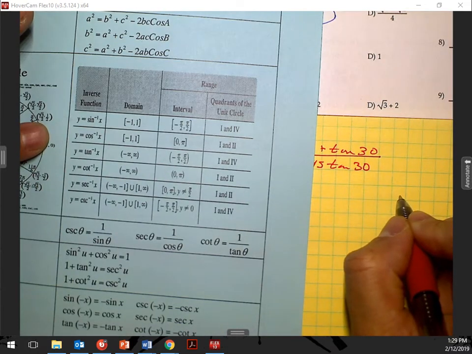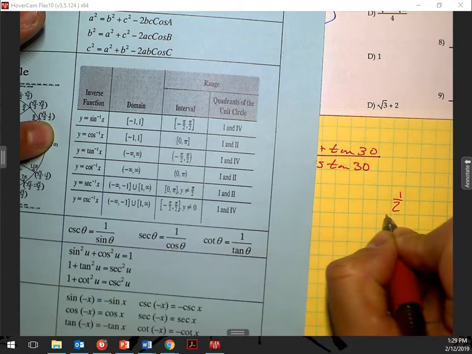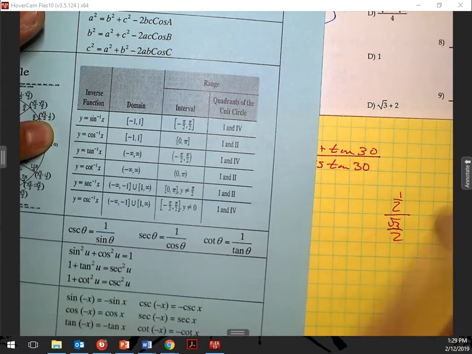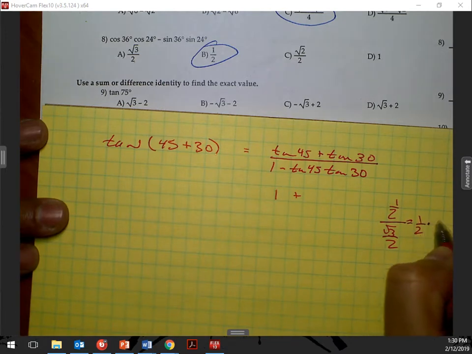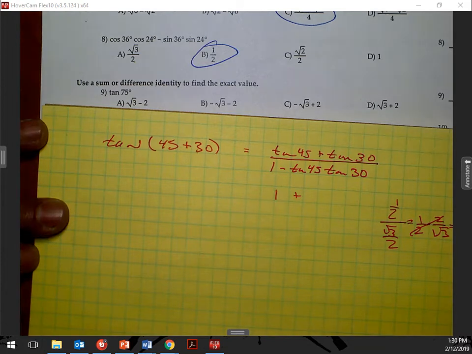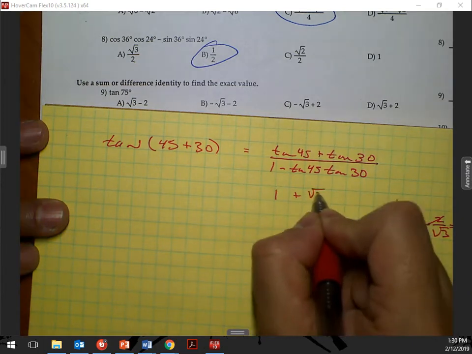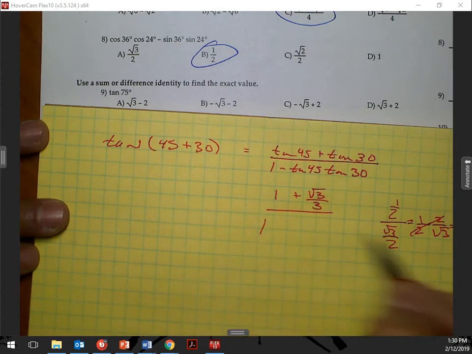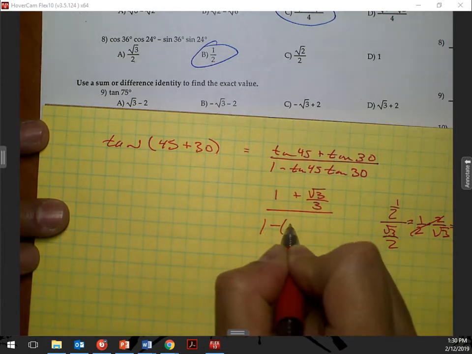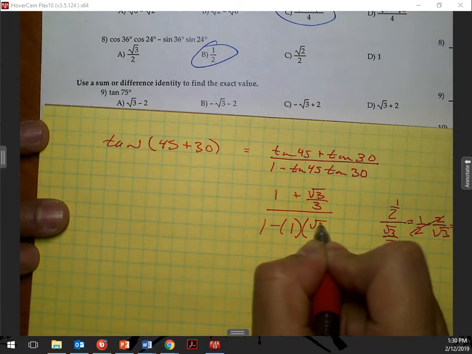It's sine over cosine, so it's going to be 1/2 over rad 3 over 2. So multiply by the reciprocal: 1/2 times 2 over rad 3. So rationalize. I'm going to end up with rad 3 over 3. So that's rad 3 over 3 all over 1 minus 1 times rad 3 over 3.